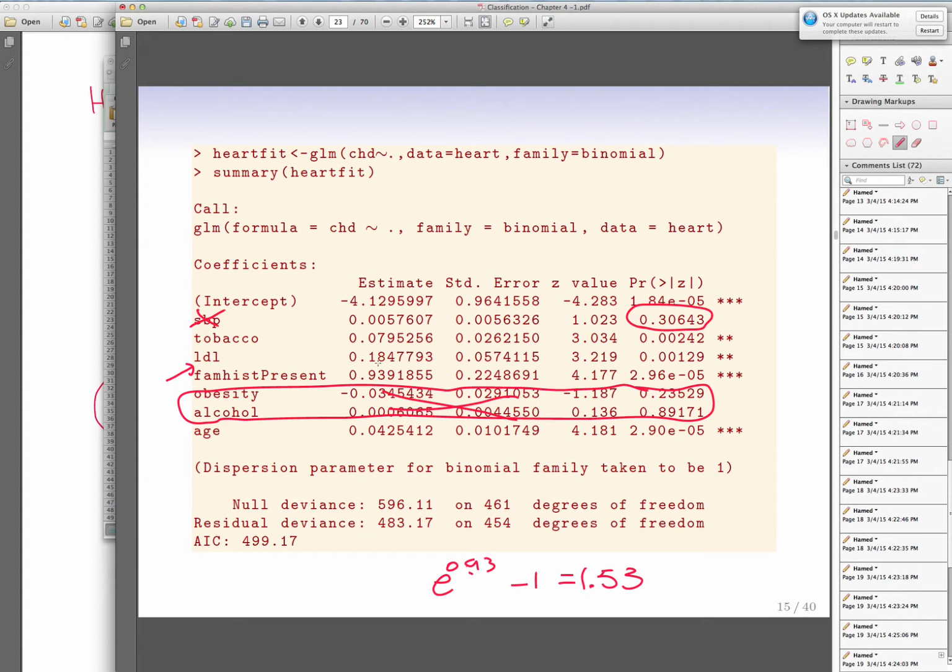Cholesterol has a very high effect on it. Tobacco also has a significant effect, and if you look at exponential of 0.079 minus 1, you roughly get 0.07, 0.08. That means if you're smoking, you're 8% more likely to suffer from heart attack in the future.